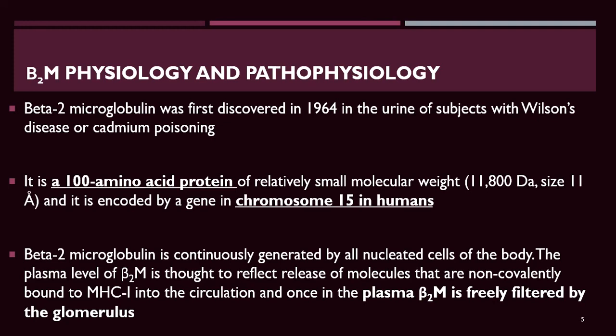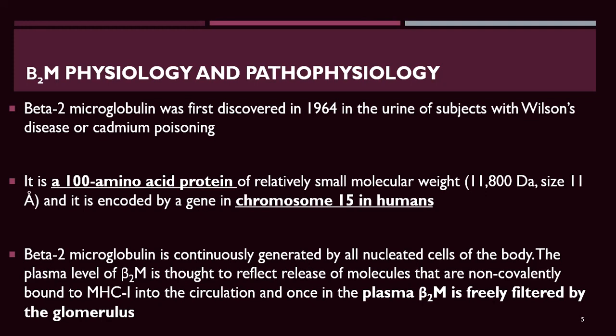Beta-2 microglobulin was discovered very early, in 1964, in the urine of subjects with Wilson disease or cadmium poisoning. It is a 100 amino acid protein of relatively small molecular weight, 11,000 Dalton, and it is encoded by a gene on chromosome 15 in humans.